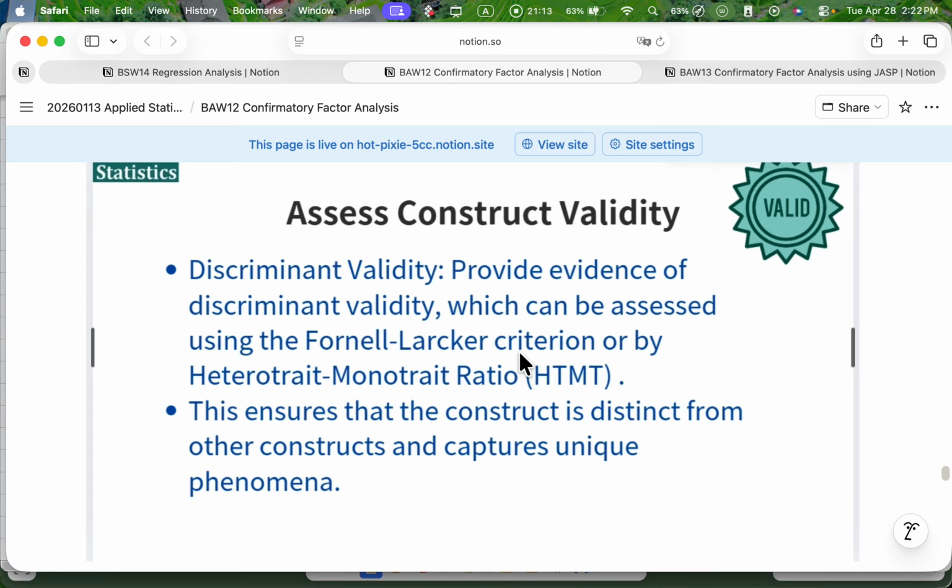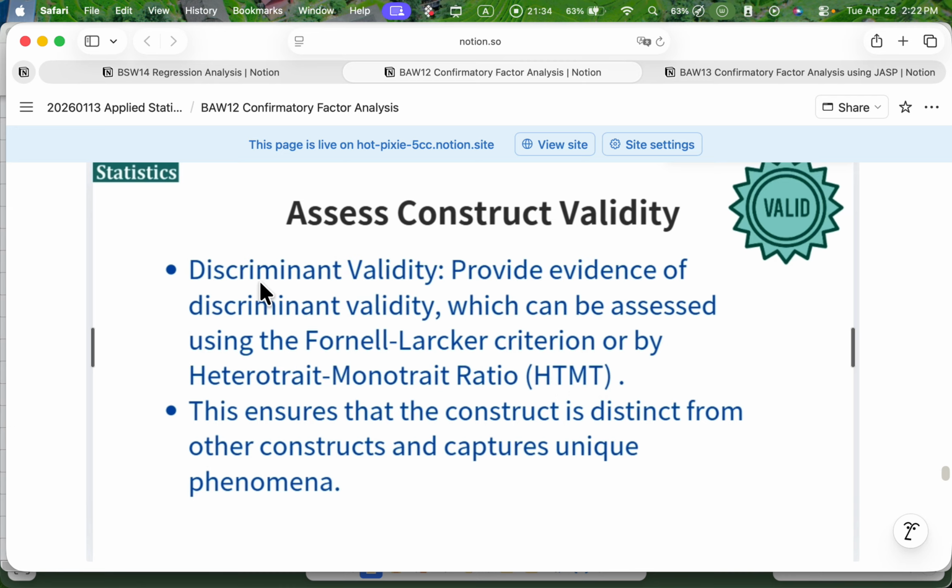There's another technique called the heterotrait-monotrait ratio, or just remember it as HTMT. We use HTMT to evaluate the discriminant validity.